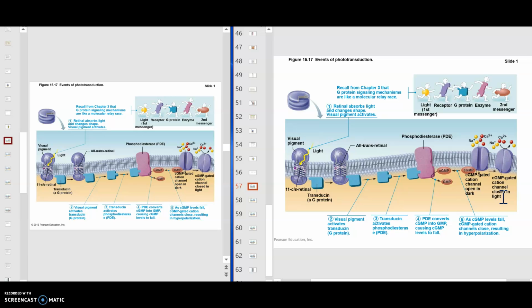So it's the hyperpolarization that's going to cause the activation and the perception of light within the rods. So that's the key. The key is to remove cyclic GMP, close this, don't let the positives in, and go hyperpolarization. Bottom line. I want you to read on it, but you also can look at the video.